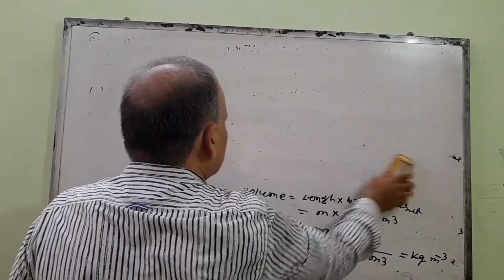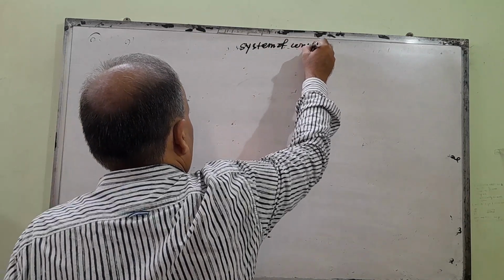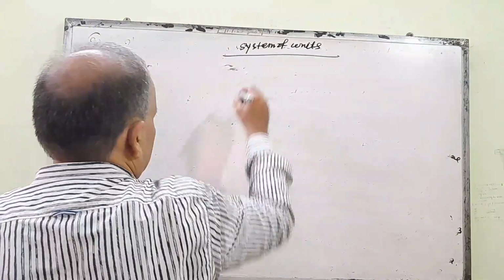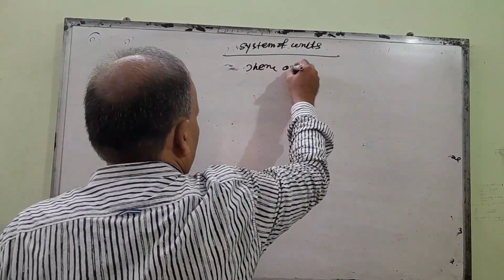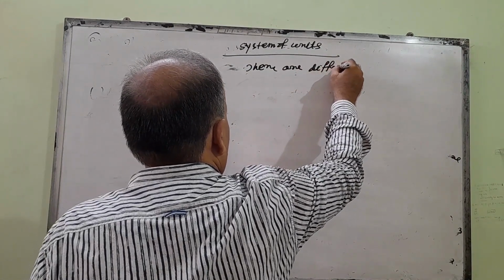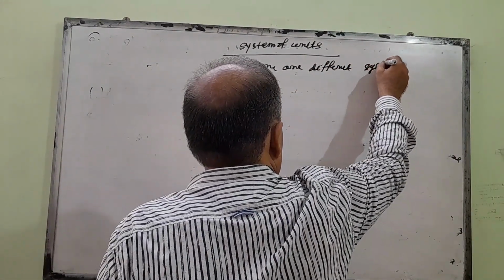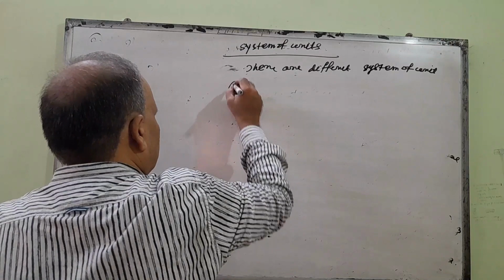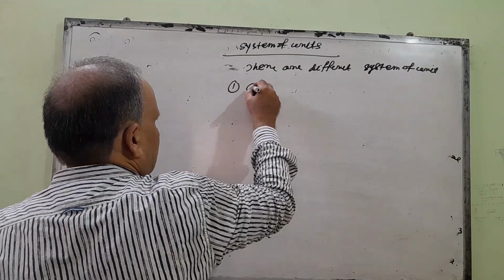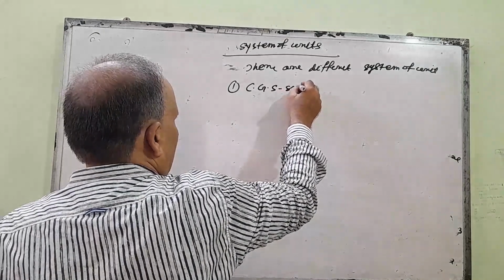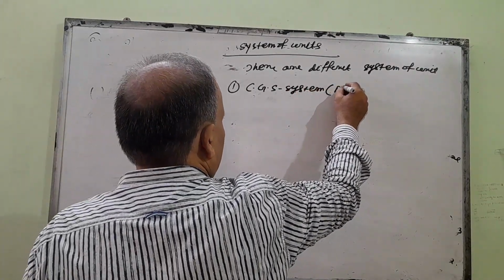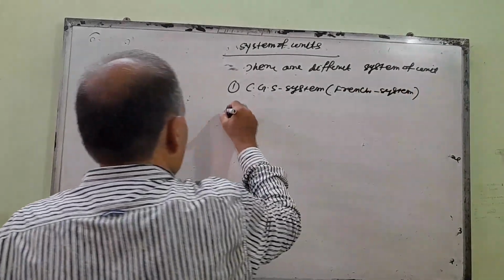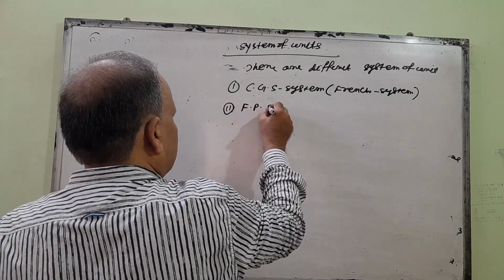Now we read system of units. You see, there are different systems of units. First one is the CGS system. This is your French system. Next is the FPS system.